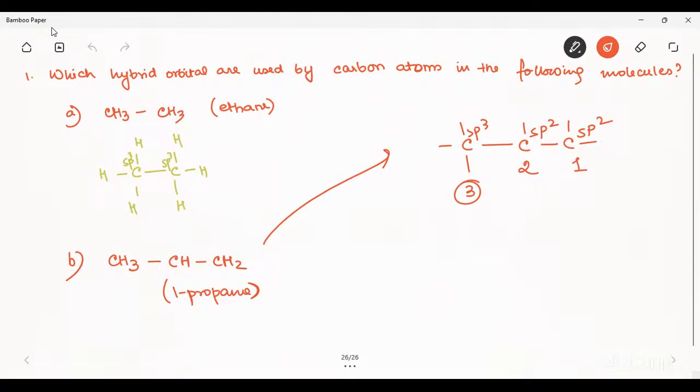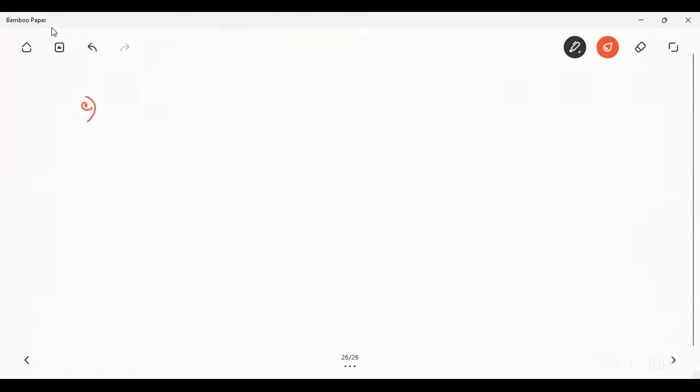The third question that comes is CH3-CH2-OH. What is the name of this compound? It is called ethyl alcohol. If you are calling this ethyl alcohol, it has 2 carbons, 1 and 2. So 1 and 2 both will be sp3 hybridization. You can just check.